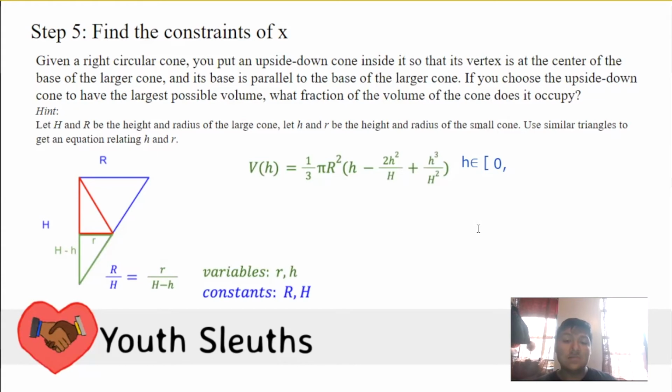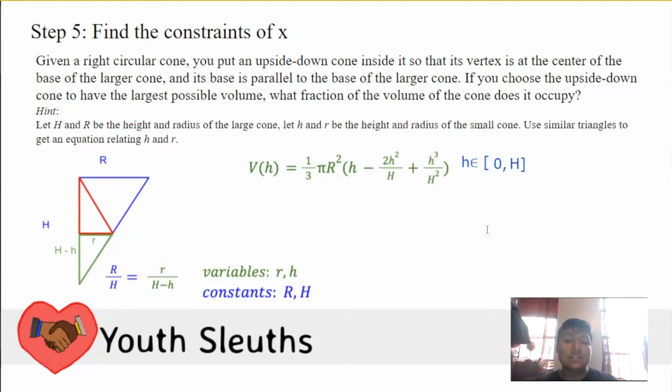So the largest it could be is the same height as the larger cone, which is big H. The reason it can't be greater than that is because the small height would surpass the larger cone, which would no longer be inside. So it'd go against what the question told us. So with that reasoning, big H is the largest value that it could be. And then we found our constraints.